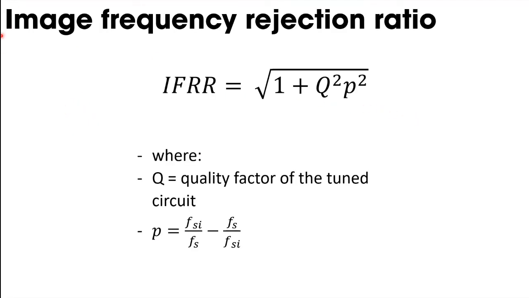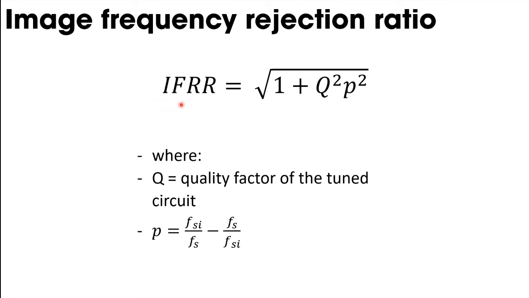And because we do not want the image frequency to enter the receiver, we want to reject it. The way that we compute how much we reject the image frequency is by calculating the image frequency rejection ratio, which is given by this equation.